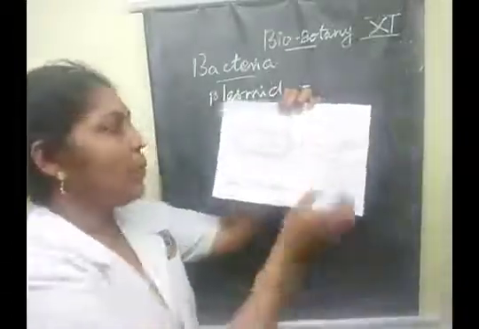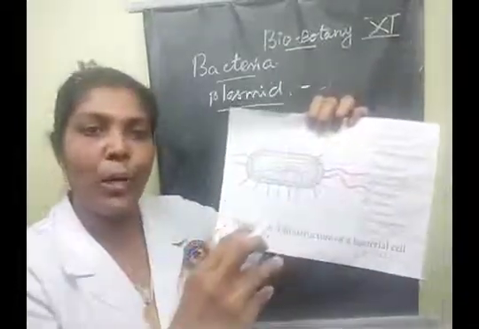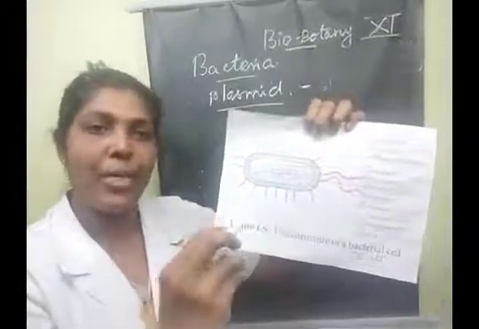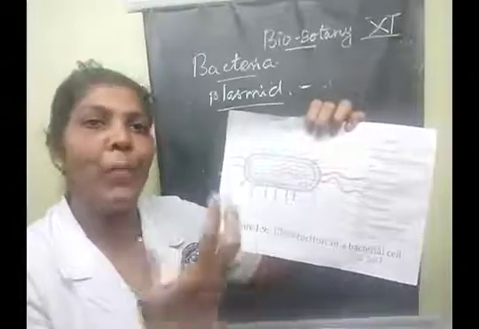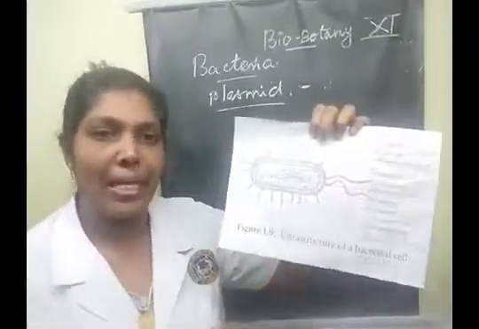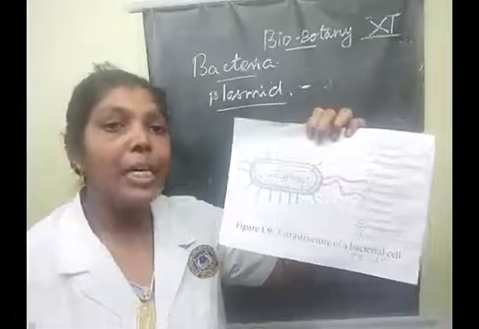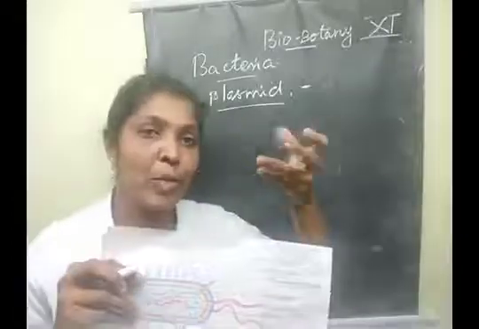Clear, children? What is a plasmid? The plasmid is an extrachromosomal, double-stranded, self-replicating autonomous element. The number of plasmids varies from species to species.